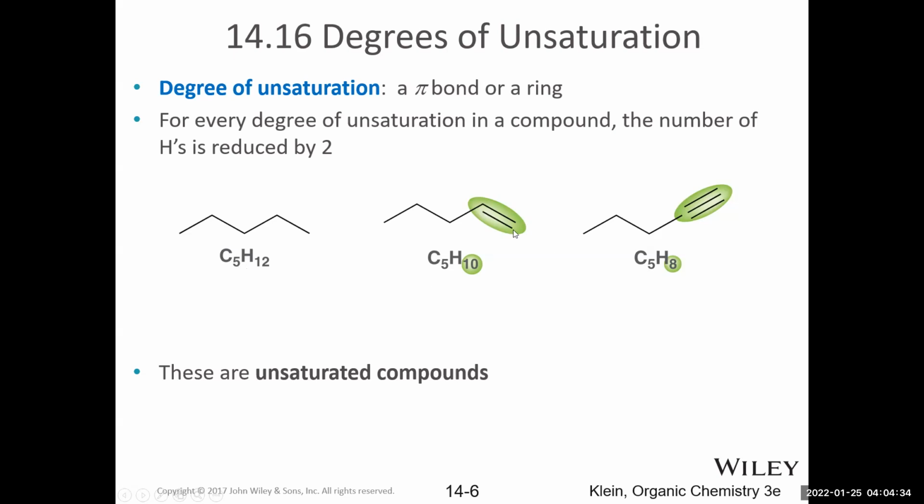When you introduce a pi bond, you end up with 2 fewer hydrogens than would be possible if it was saturated. If you introduce 2 pi bonds, then you have 4 fewer hydrogens than would be possible if it was saturated. So both of these compounds that have 1 or more pi bonds are considered unsaturated.